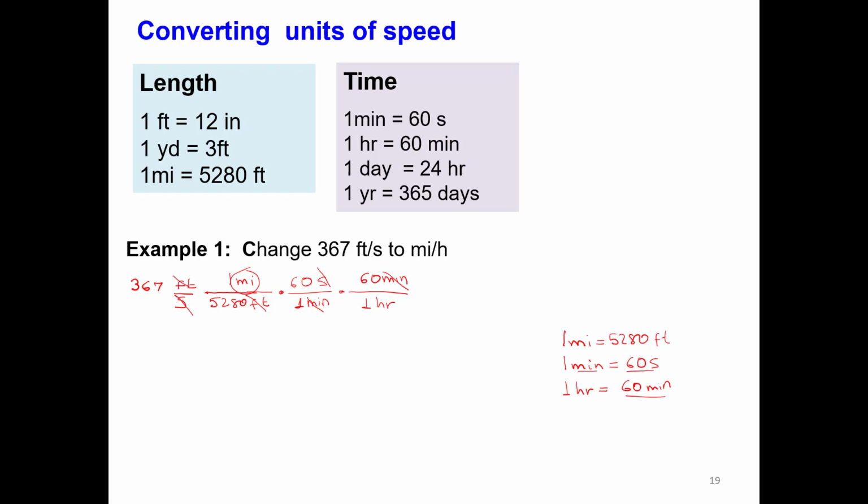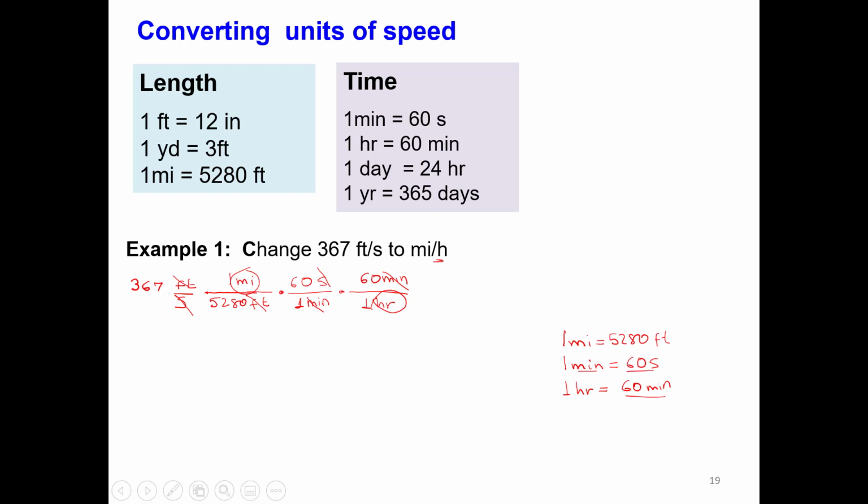And finally, we had hours, and hours must be in the denominator. Then the answer is in miles per hour. This is the unit we want.